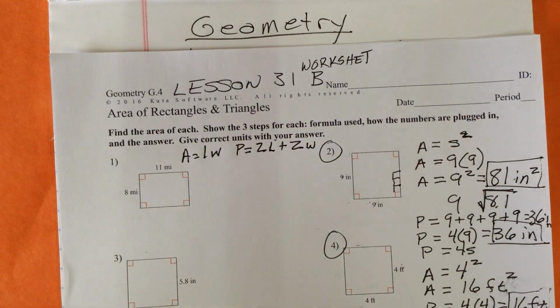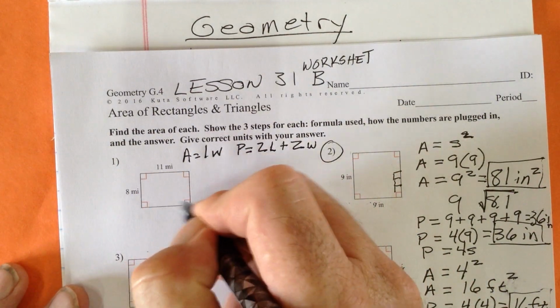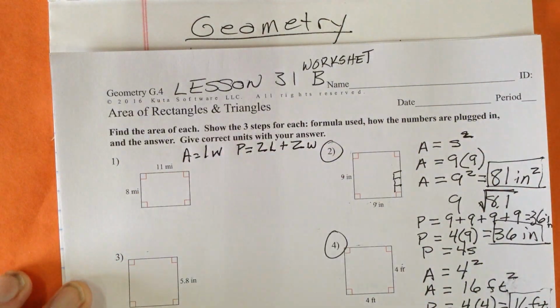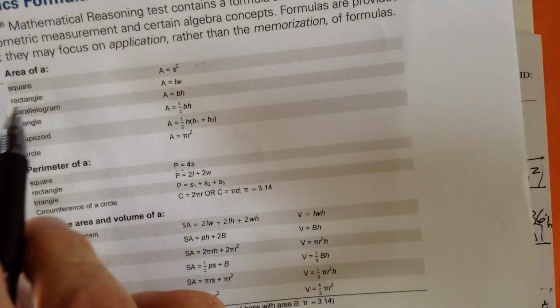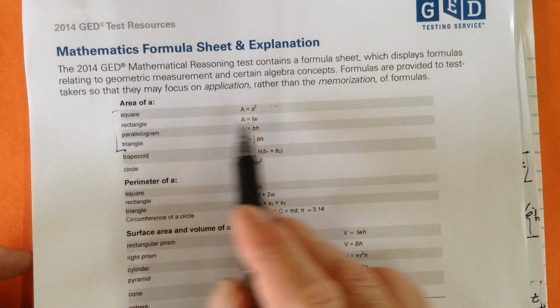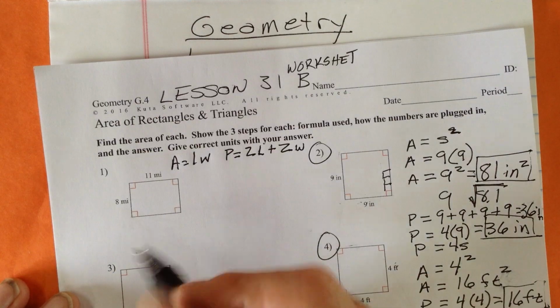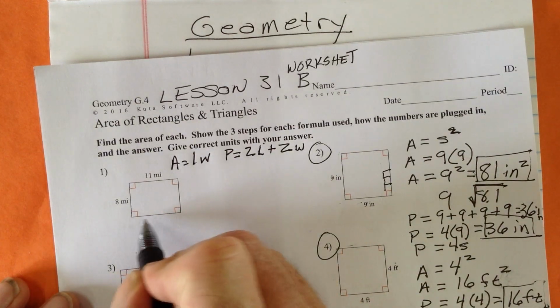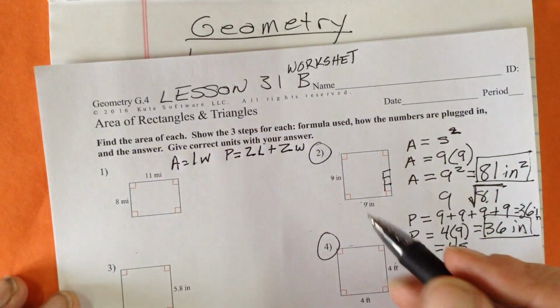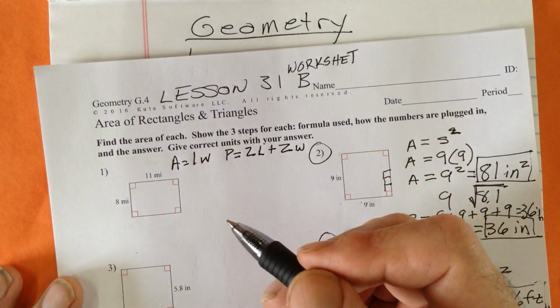Some books have it as the base times the height, but on this reference sheet, they have area equals L times W. That's under rectangle. L times W, the length times the width. And it doesn't matter which one you label the length and which one is the width, because you're just going to multiply the two.